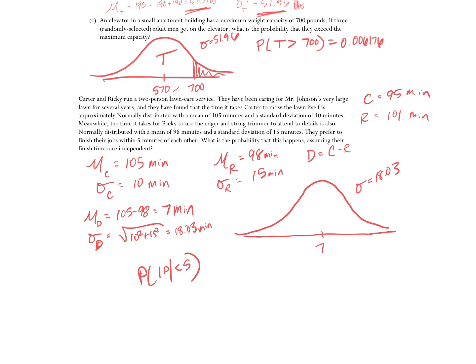Another way of saying that, their difference has to be somewhere between -5 and +5. That's what we're trying to find: the probability that their difference is between -5 and +5. That's not the only way they might trick you, but you get what I'm saying.